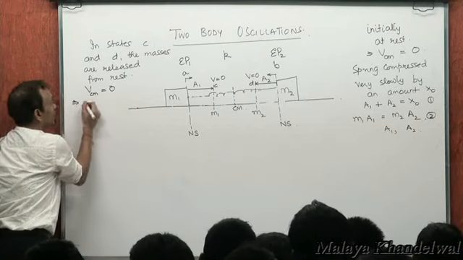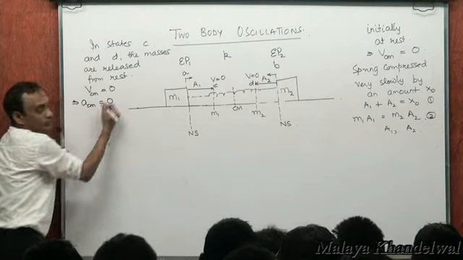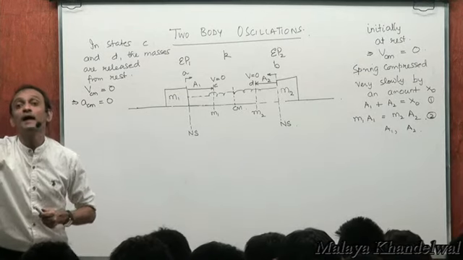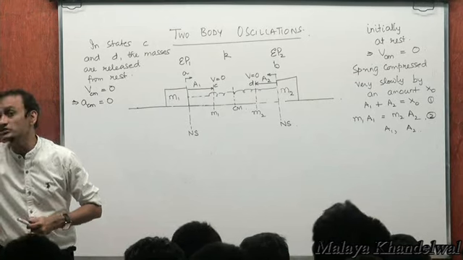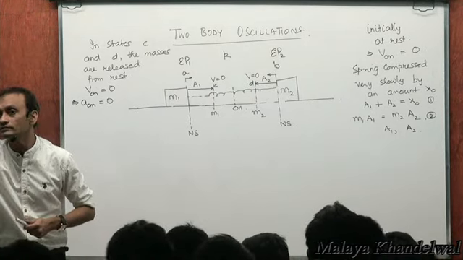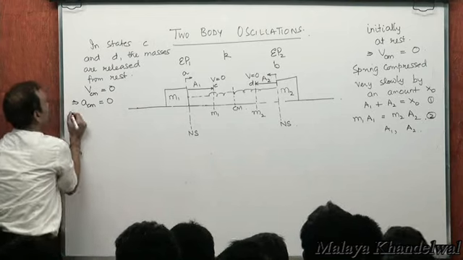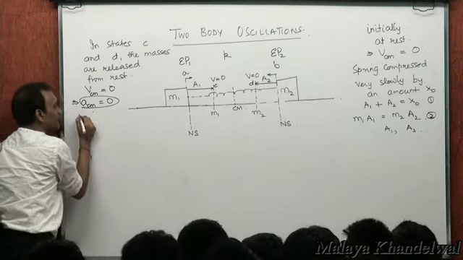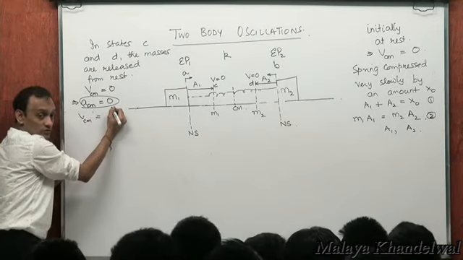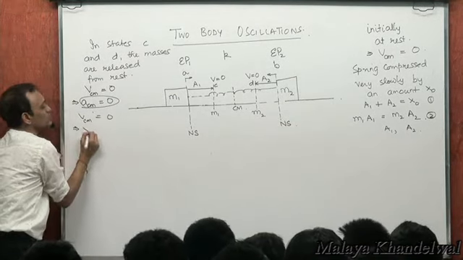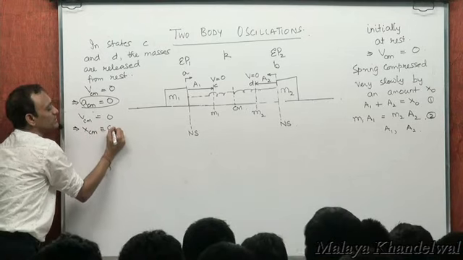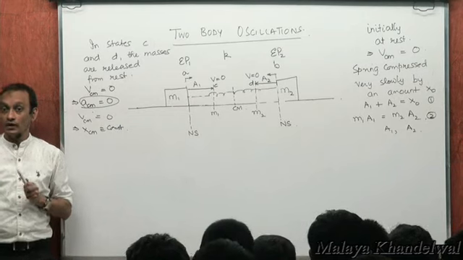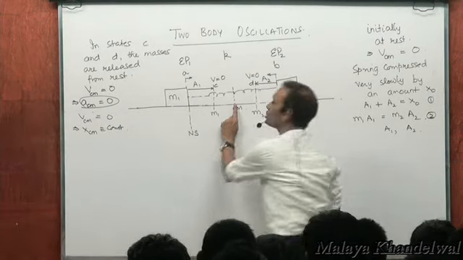Therefore, the acceleration of the center of mass was 0, because any external force would have accelerated the center of mass. The absence of an external force causes the acceleration of the center of mass to be 0. That means VCM remains 0, and if VCM remains 0, the x coordinate of the center of mass remains constant. That means the center of mass stays in this position all the time.